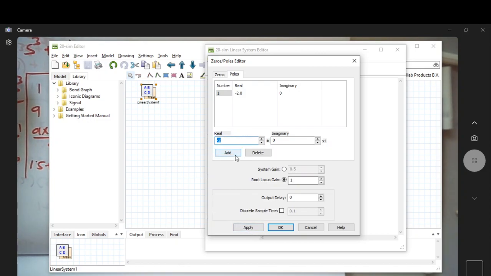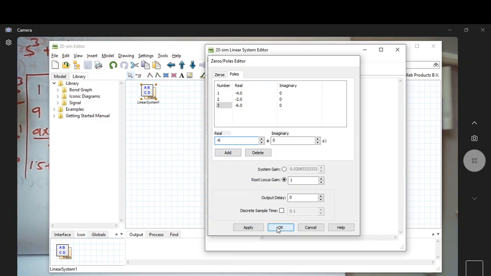Let me apply one more at minus 4. Oh, I have to add one is at minus 2. So let me add one more at minus 6. Let me apply now. So all the three are there.